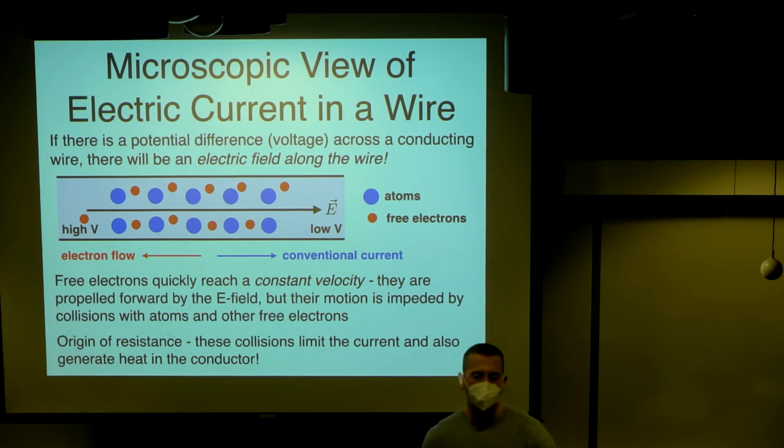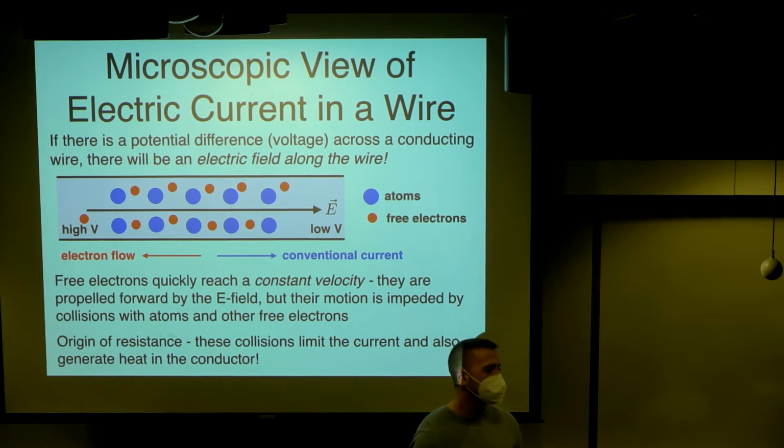And the reason for that is, even though the electric field is accelerating them in one direction, that motion is being impeded by these collisions within the material. Okay? And those two effects balance each other out in a very short amount of time, at which point you reach a constant velocity. It's very, very analogous to the idea of terminal velocity when something falls.